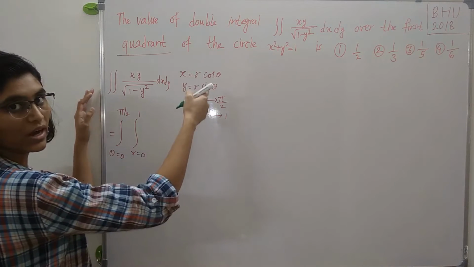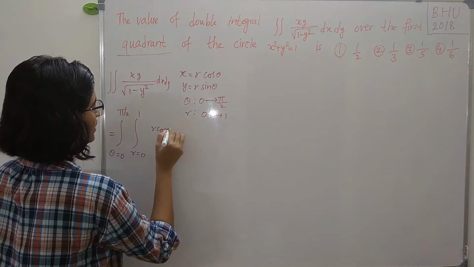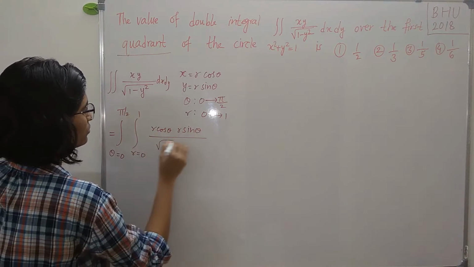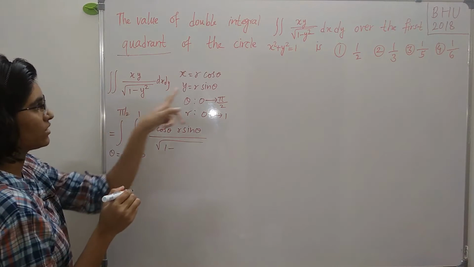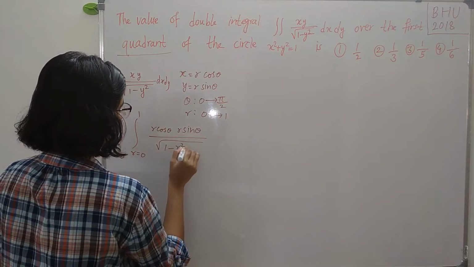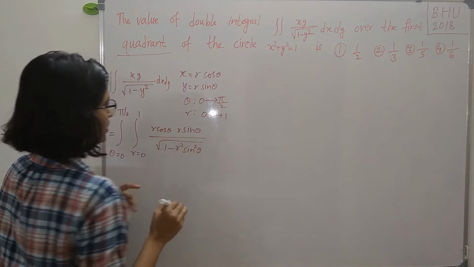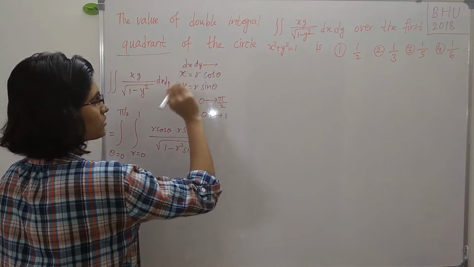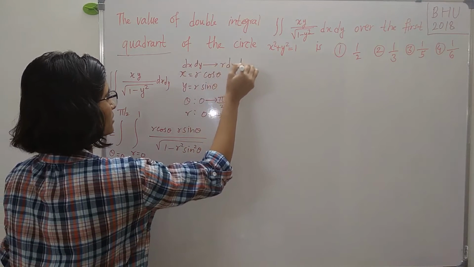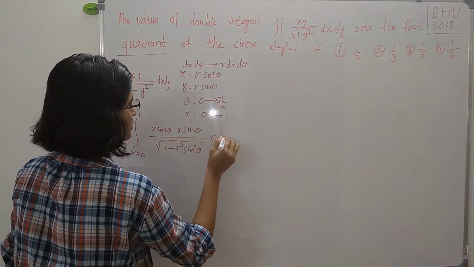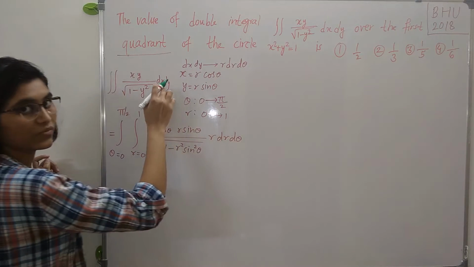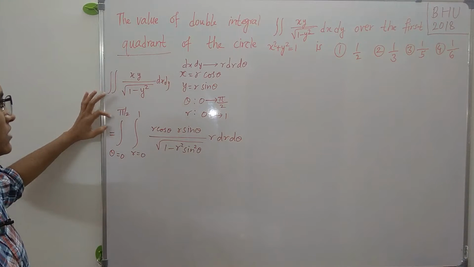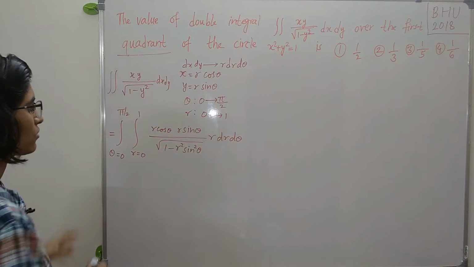Now x is equal to r cos theta, y is equal to r sin theta, divided by square root of 1 minus y square, which is r square sin square theta. Now the important thing is, in this dx dy, we must replace it by r dr d theta. So r dr d theta in place of dx dy. Now we have to solve this integral, and the value of this integral is the same as the value of this integral. So let us solve it.